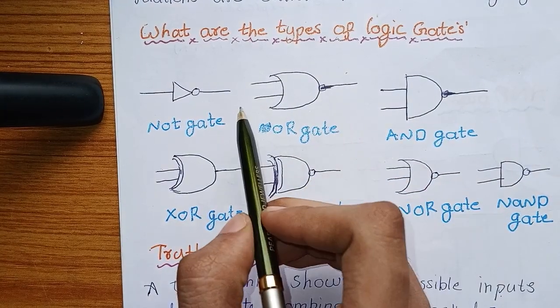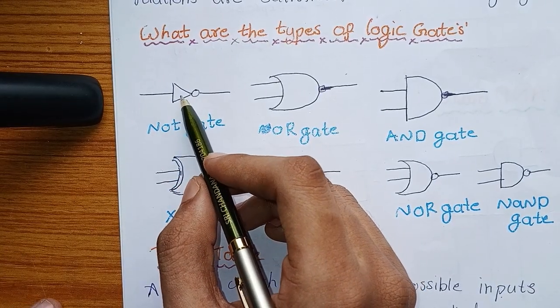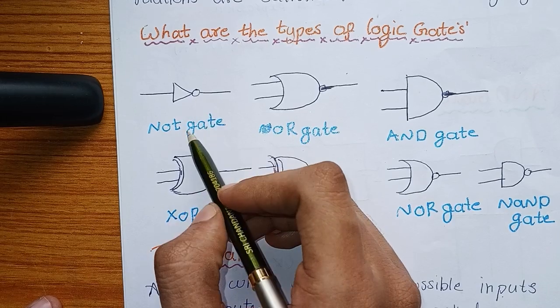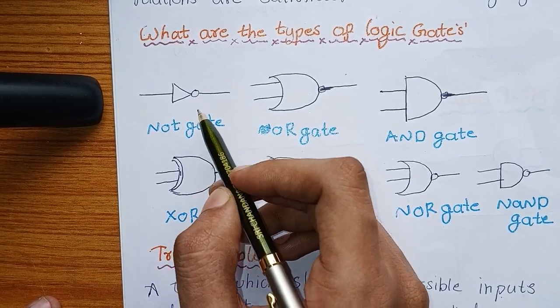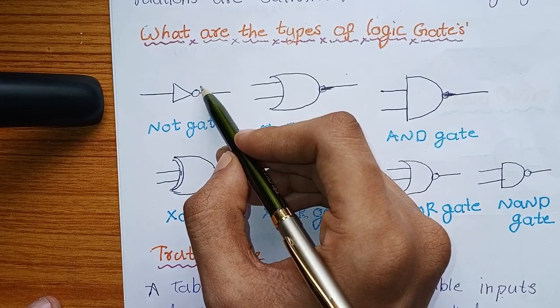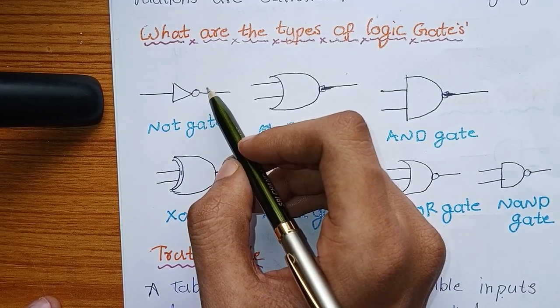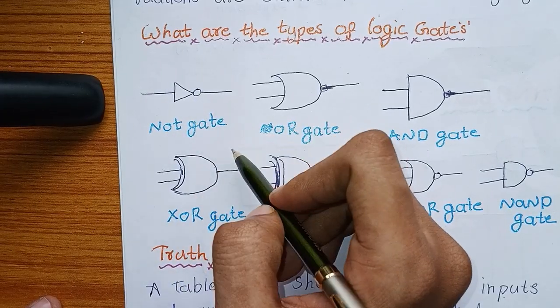Wait. Here you are seeing an arrow. It's not an arrow. For example, I am telling you how to remember this NOT gate. Can you see this small knot here? Remember this small knot as the NOT gate.